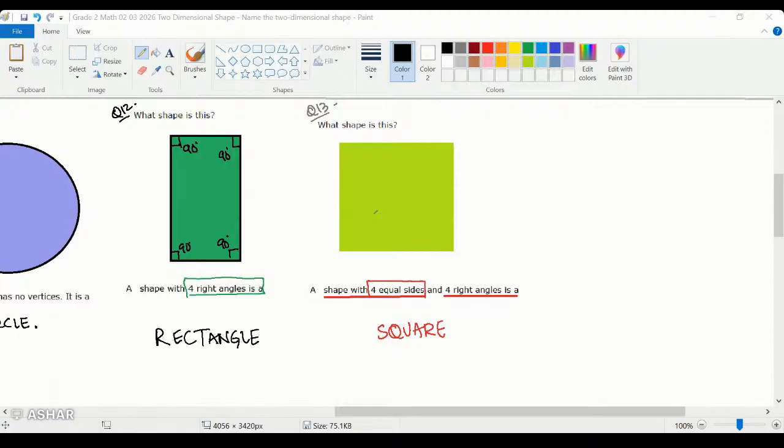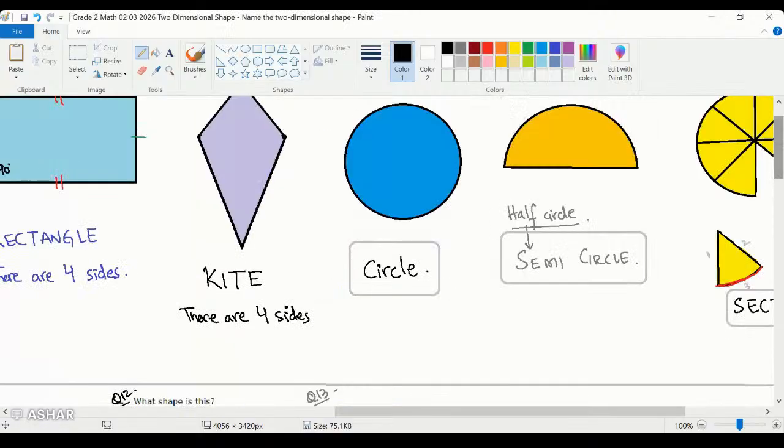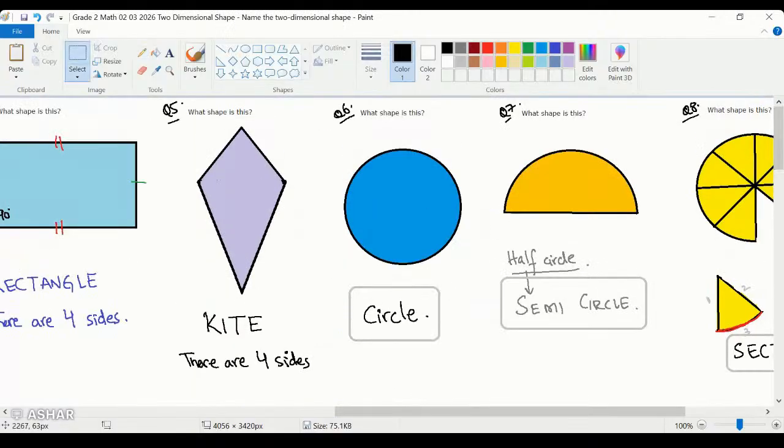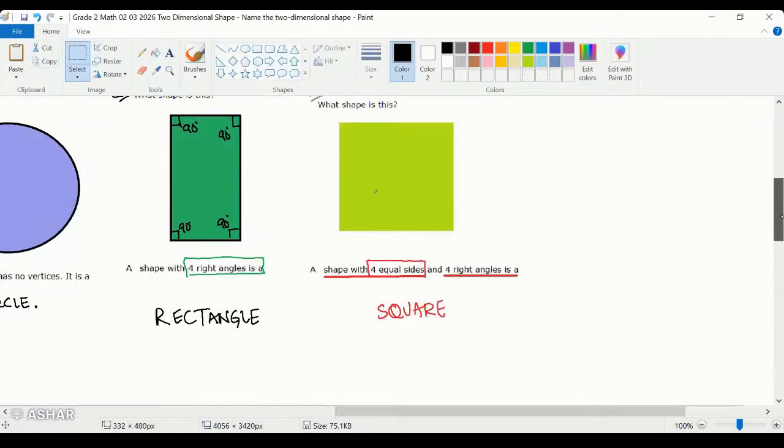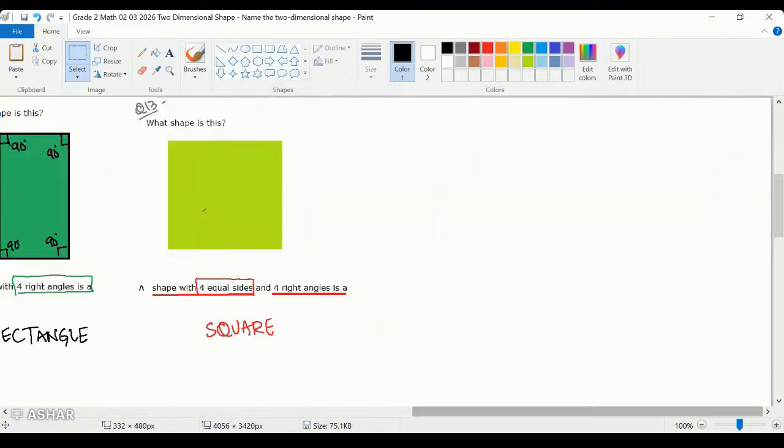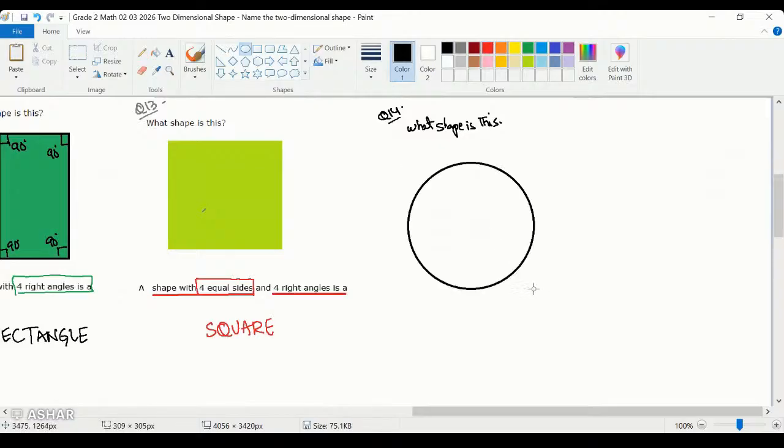Okay, they're still saying the same. Let me just copy one shape. Let's try to do this and a few shapes, right? Okay. For the next question, number 14, what shape is this if we have a circle and we break down the circle into half?